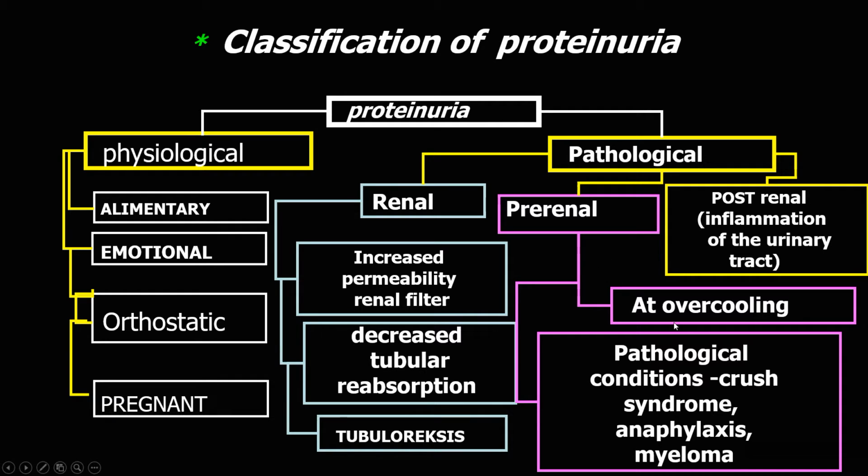Prerenal develops after overcooling and pathological conditions, for example, Crohn's syndrome, myeloma, etc. In renal disorders, the permeability of the renal filter is increased, tubular reabsorption is decreased, and new connective tissue may form and change the structure of the tubule, forming tubulorrhexis. And the postrenal form is inflammation of the urinary tract.